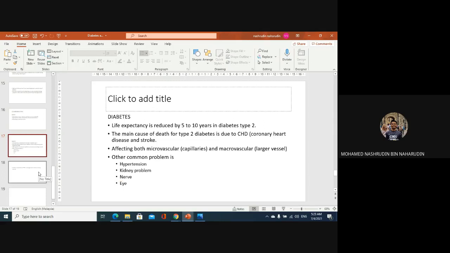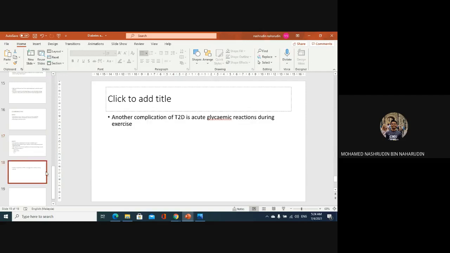You also need to ask them about any medication that they take, and make sure they take all the medication required before they perform exercise activity, to avoid any risk of injuries. Another complication of type 2 diabetes is acute glycemic reaction during exercise.